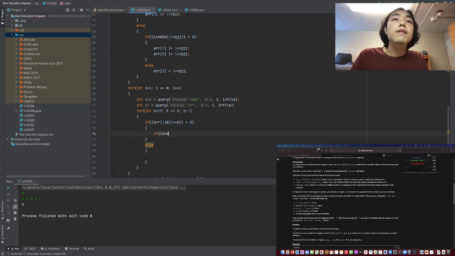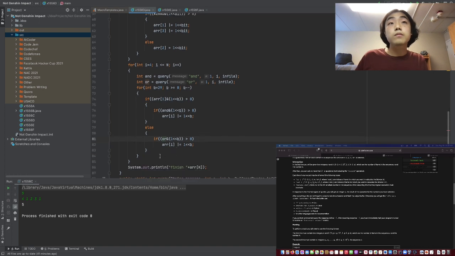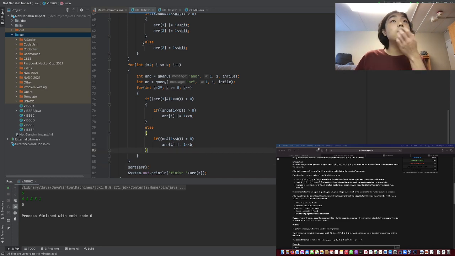If this value is greater than 0, and 1 left at b is greater than 0, then we know that array at i needs to get this bit. Else, and then if the or, then we do this. And then we sort the array, and then we just print k.